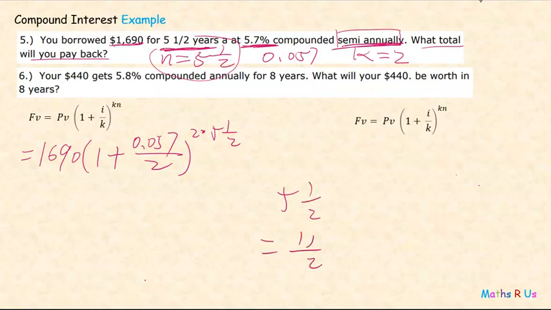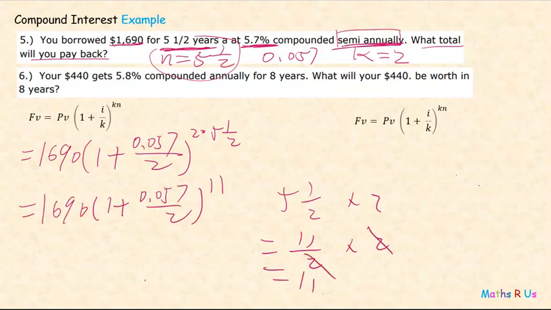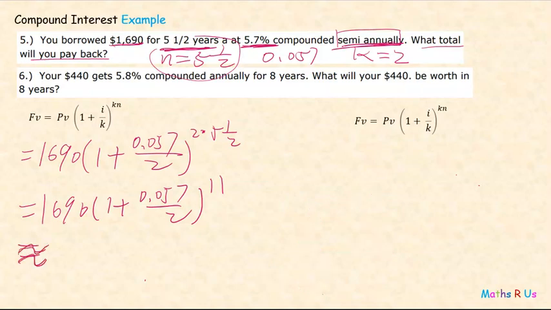And times 2, simplify. So that's equal to 11. We write this formula and put it in the calculator, approximately equal to $2,302.15. That's question 5.